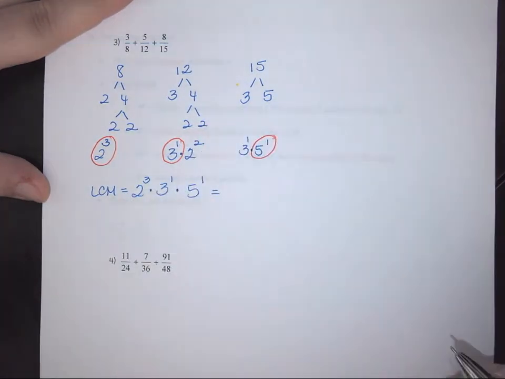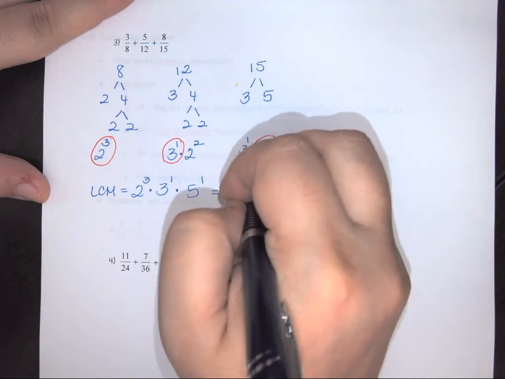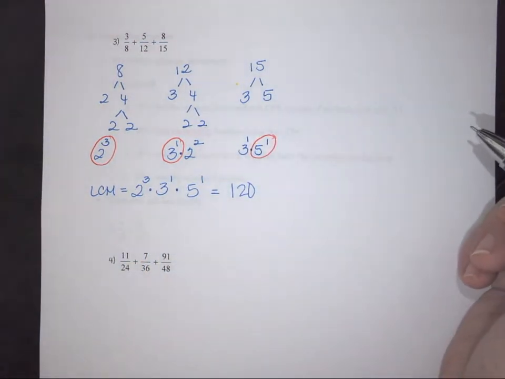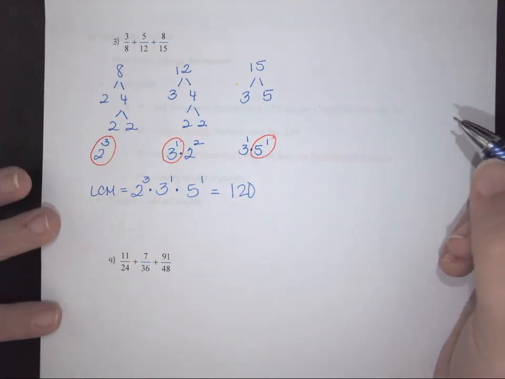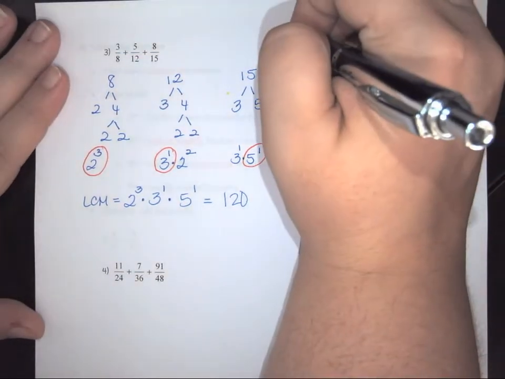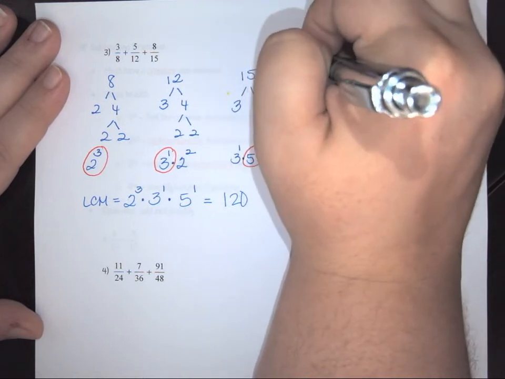And when I do all of that, I'm going to come up with 120. So now I have to ask myself, how do I turn 8 into 120? Well, that's multiplying top and bottom by 15. So this is going to be 3 times 15 over 120.